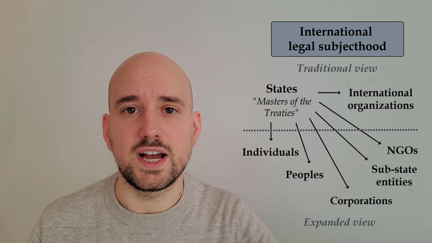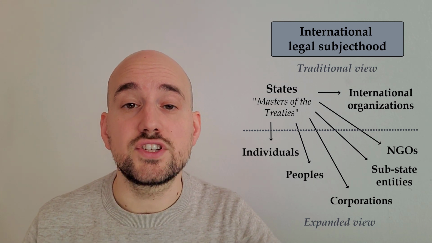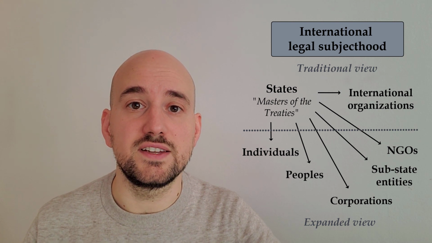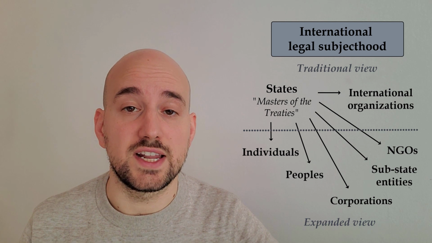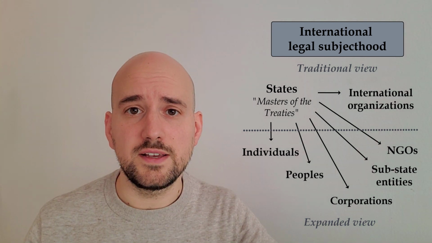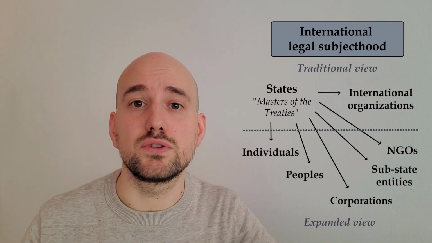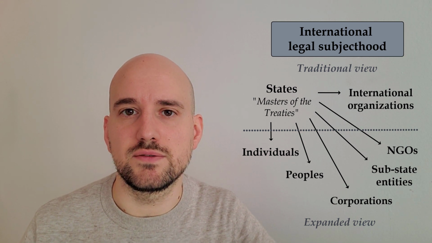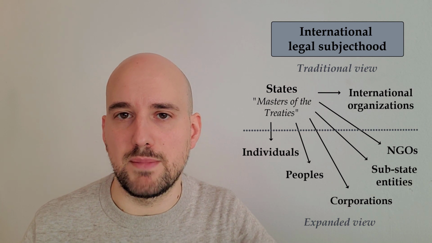Corporations also have rights under international law, and specifically under international investment law, which they can also invoke vis-à-vis their hosting state before World Bank international dispute settlement mechanisms. Finally, and I will address this in much greater detail in the last clip, there are also peoples who hold specific rights, most notably the right to self-determination, though how this is then realized is another matter.